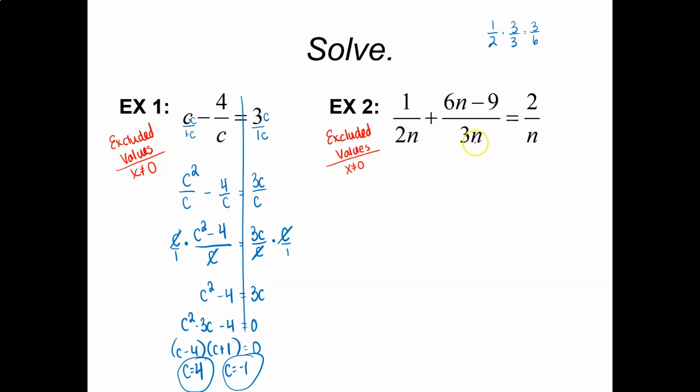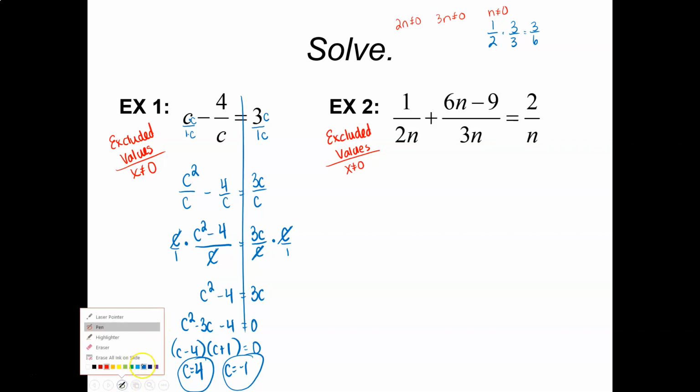Even with that 2 and the 3, it's still just 0 that would make those 0. If it's not super easy to figure that out, you could just say 2n cannot equal 0, 3n cannot equal 0, n cannot equal 0. Just set all your denominators not equal to 0. Okay. So if I get 0 as an answer, it can't be my answer, and I have to throw it out, which does happen occasionally, but probably not that often.